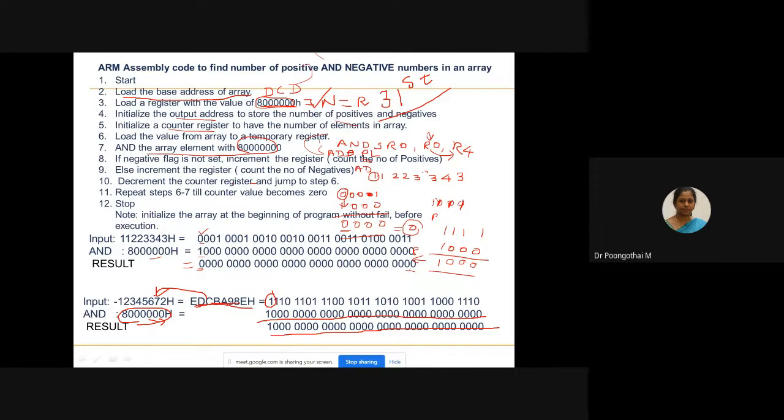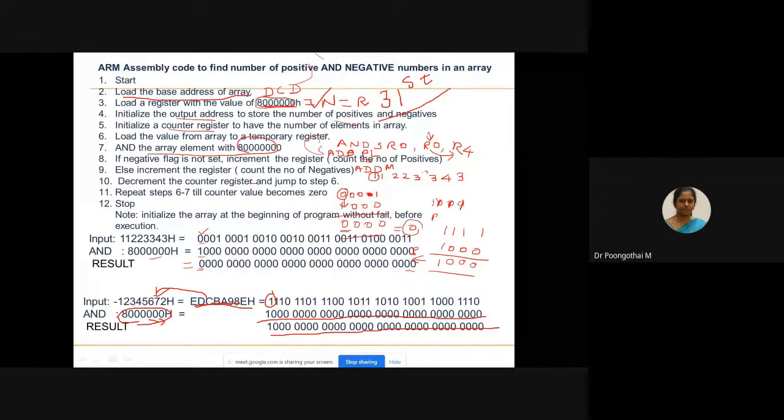Suppose the number is negative, ADDMI. So after comparison, decrement the count register and check whether the count value becomes 0. If it is not 0, repeat the steps. So first initialize the array and initialize that 8000 value into the corresponding register. Get the array element one by one and AND the array element with that particular value.